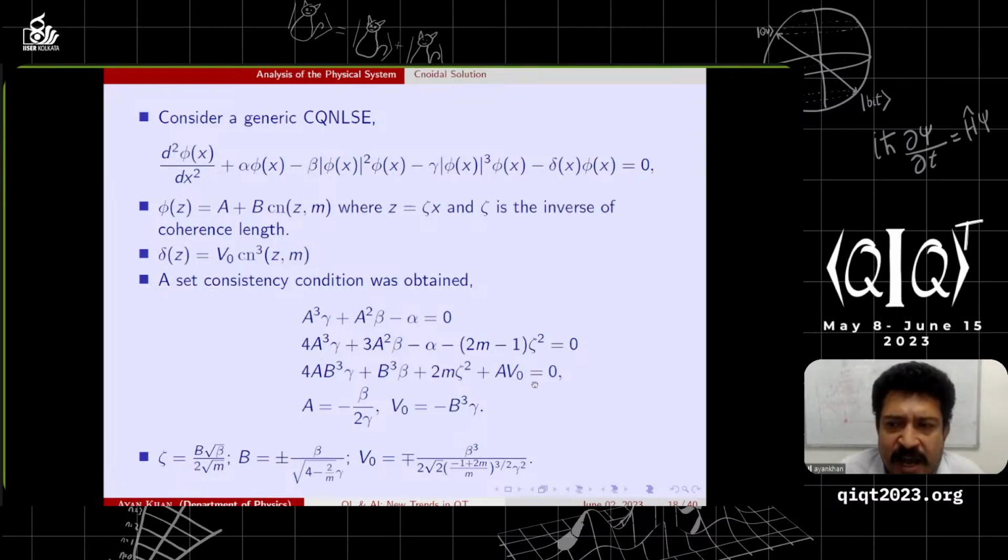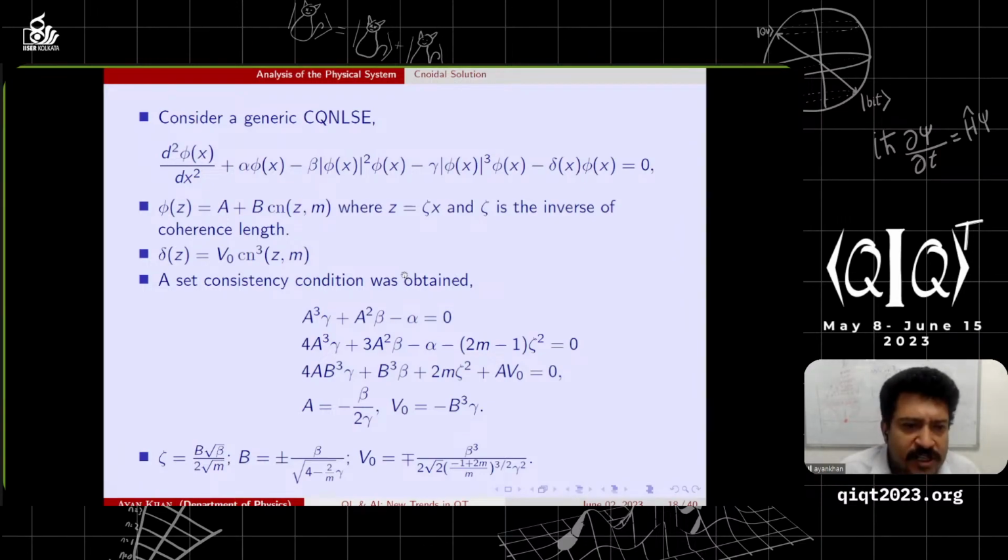We treated it as more of a mathematical model, an equation which has some cubic nonlinearity, some quartic nonlinearity, and some potential, and we looked at what kind of solution we can get. Because we already know that for cubic nonlinearity, cnoidal solutions are available, we can consider these cnoidal solutions as a starting point and move further ahead.